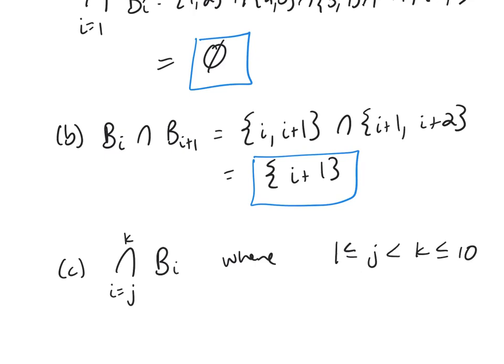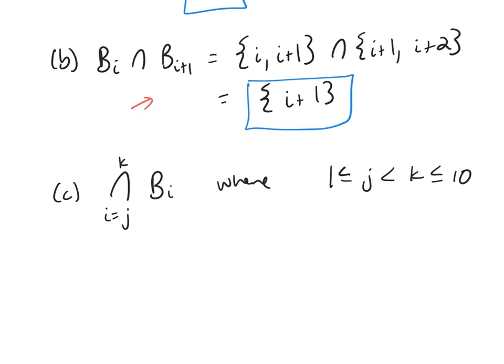So here, when I intersected, in the previous example, when I intersected two consecutive subscripts together, I had an intersection. So we know that if k is one more than j, then this intersection, we calculated it in the previous problem, it's j plus 1.